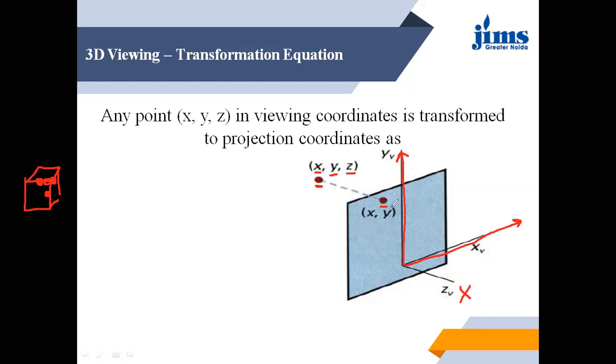Then the image of the object has only two coordinates. This is for x axis and this is for y axis.